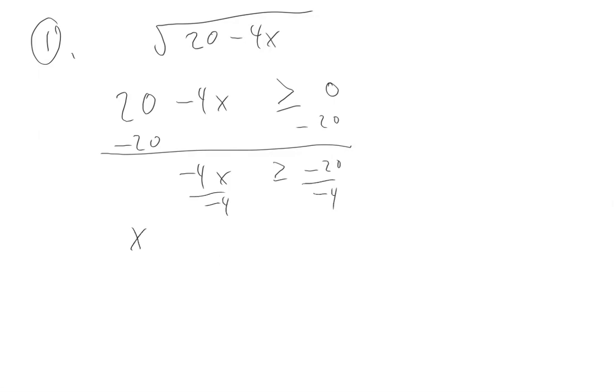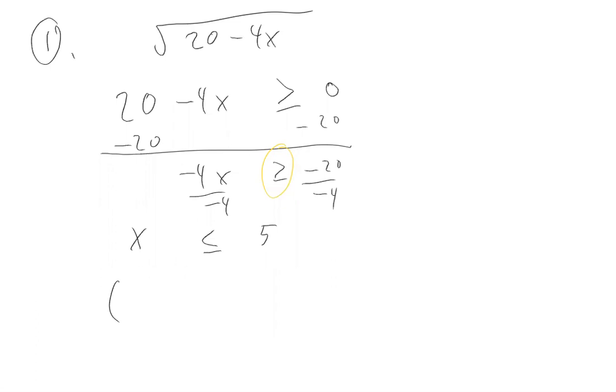then we'll get x, and when you divide an inequality by a negative, the direction of the inequality changes. So the greater than or equal to becomes a less than or equal to, and then negative 20 divided by negative 4 is positive 5. So x is less than or equal to 5 means that x could go forever.